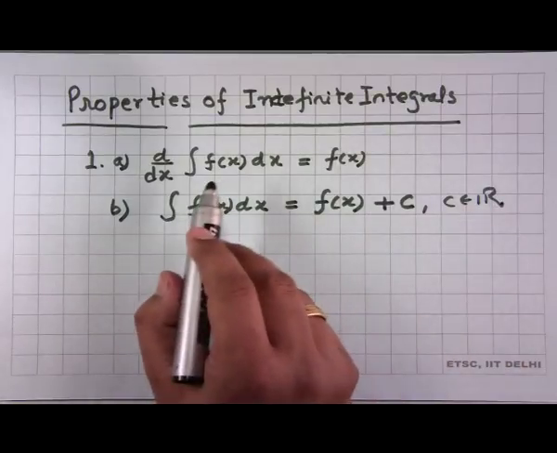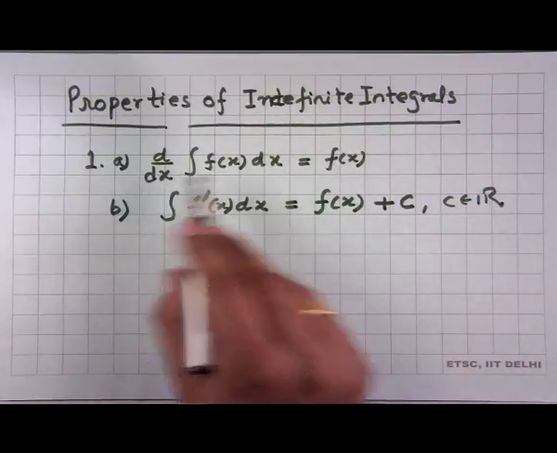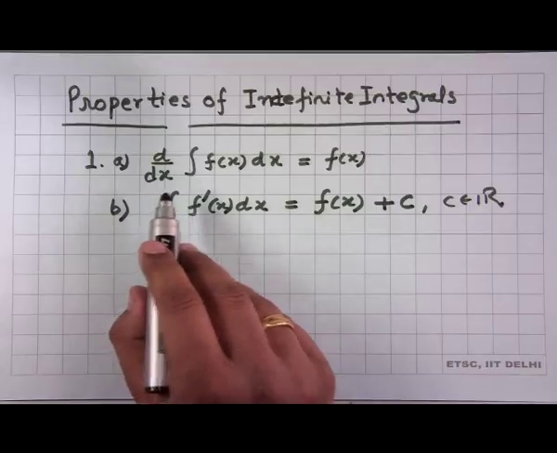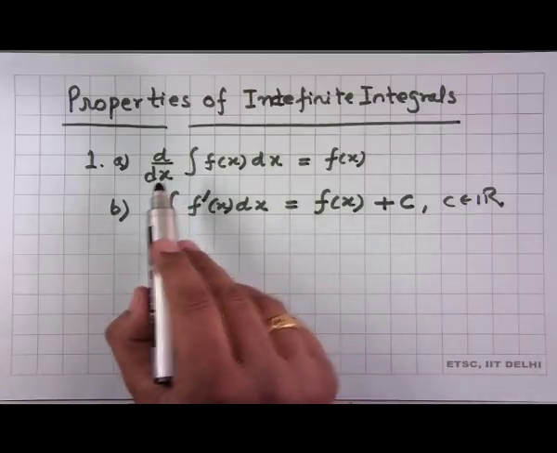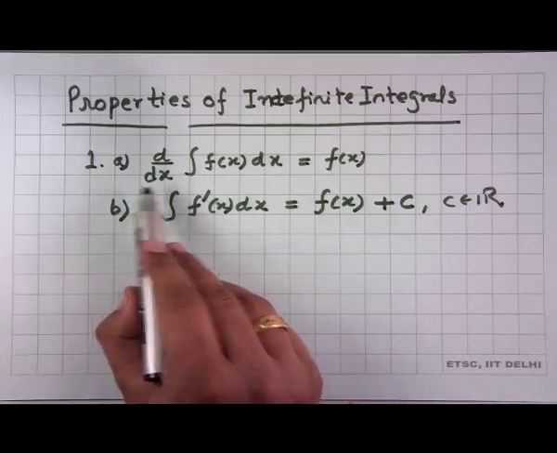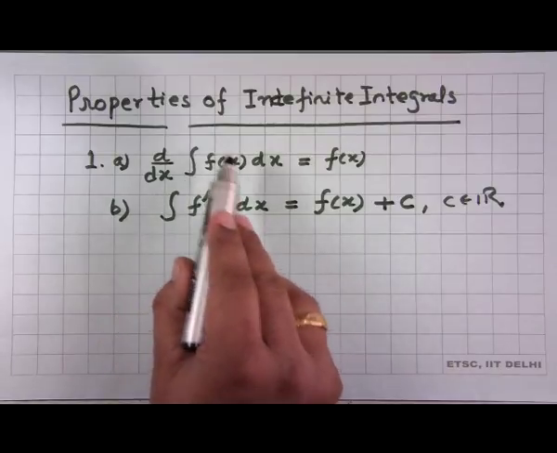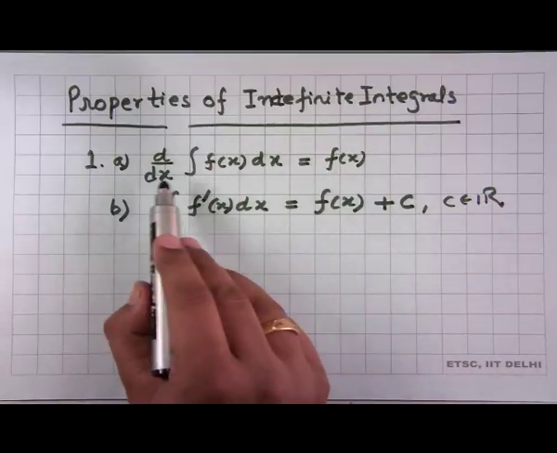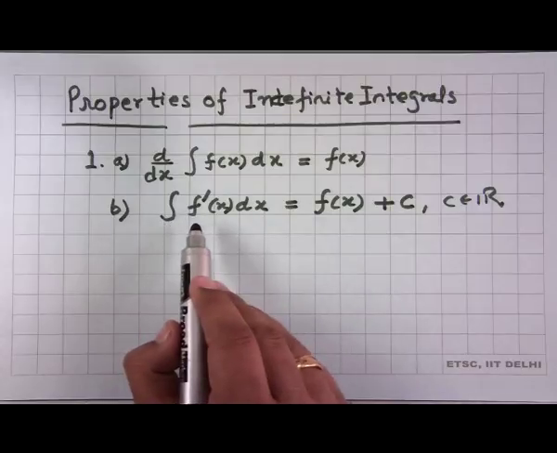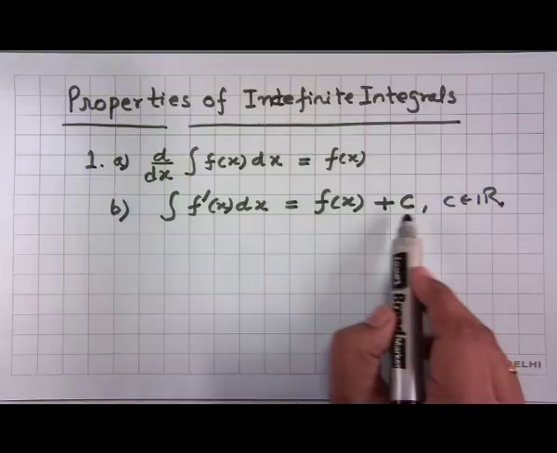Now, look at these two expressions first before we go for the proof of these equations. The first expression says that differentiation of an integral of a function is the function itself, while the second says the integral of the differential of the function is the function plus a constant.